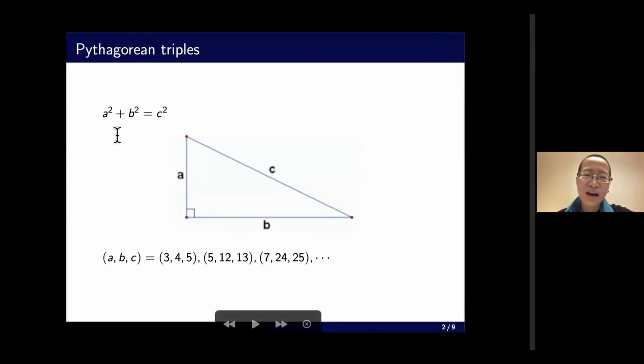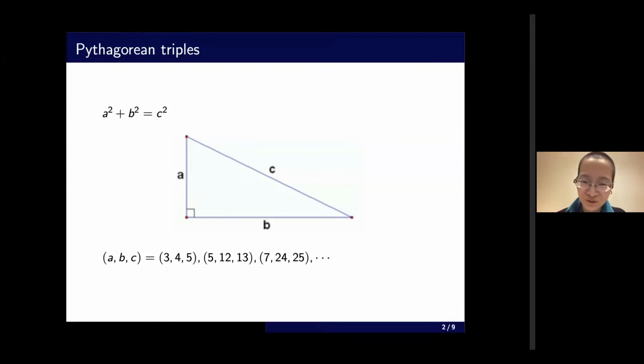And we can be interested in solutions in, say, a certain category of numbers. We could be interested in solutions in real numbers or rational numbers or integers. From elementary school, you've probably seen the following triples that are solutions to this polynomial equation, namely the integers 3, 4, and 5, such that 3 squared plus 4 squared is equal to 25, which is 5 squared.